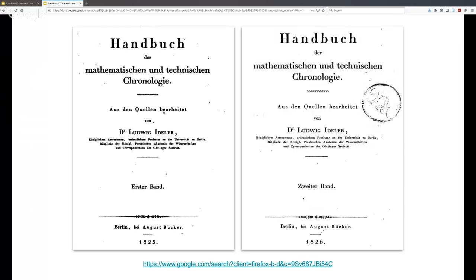This is a big work, and it is interesting because this is a handbook with an approach to chronology. But the interesting thing is that this collection includes also calendars of Egypt, Babylon, the Hebrews, Arabs, Turks, Persians, so many different civilizations beyond Greece and Rome. And this is still an interesting resource.